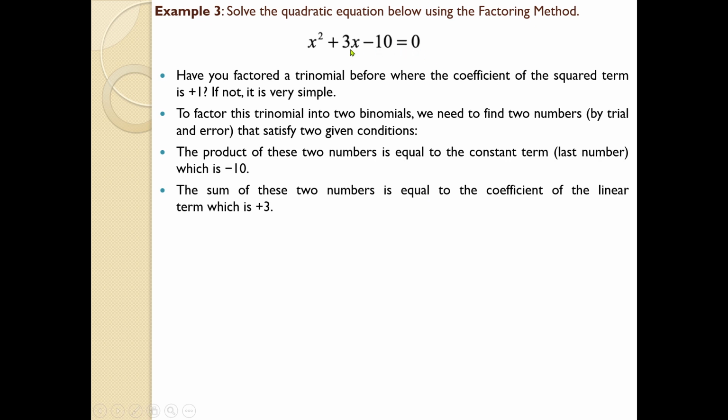Here the value is 3. So which ones will be the values? The numbers will be 5 and 2, because 5 into 2 you will get 10, and for 5 plus 2, one of the digits has to be negative. See, the main basis of computing the solution for this question is the values of the second and third terms as well as the signs.